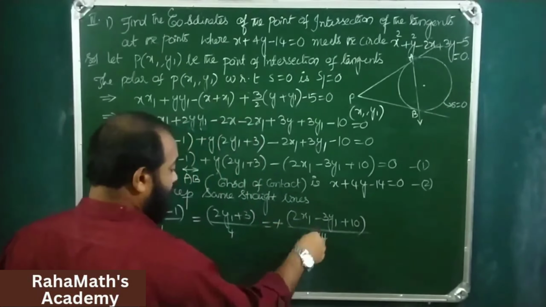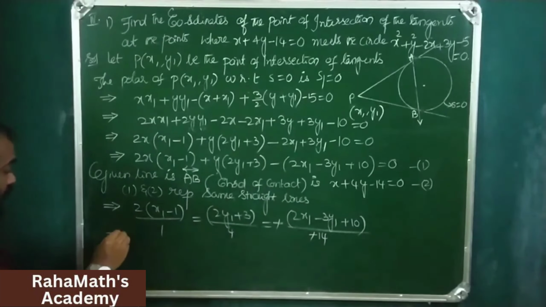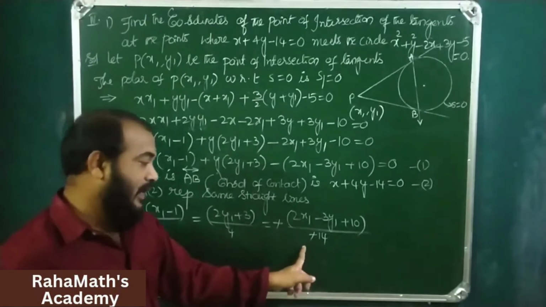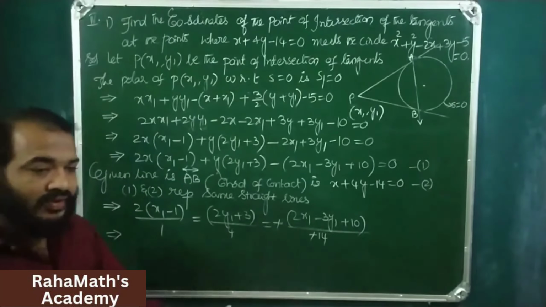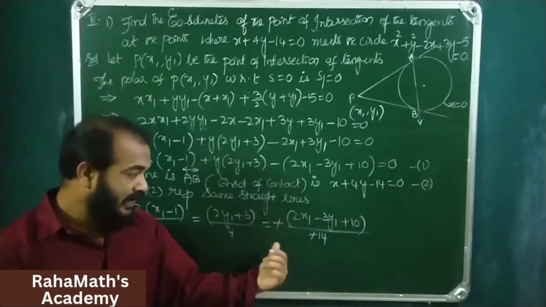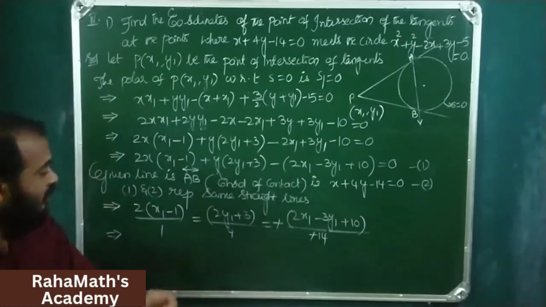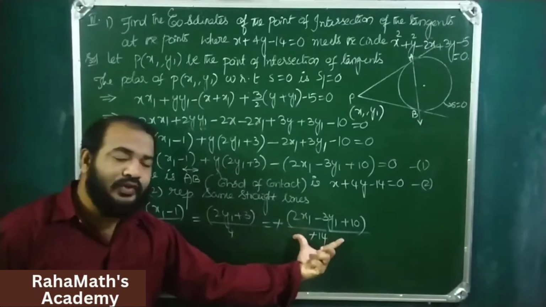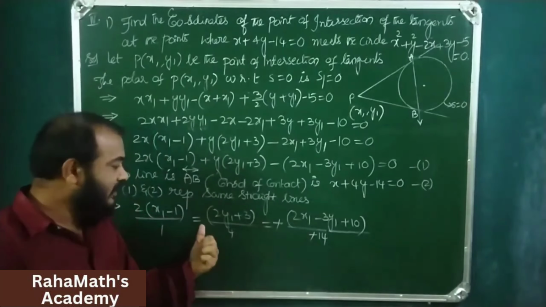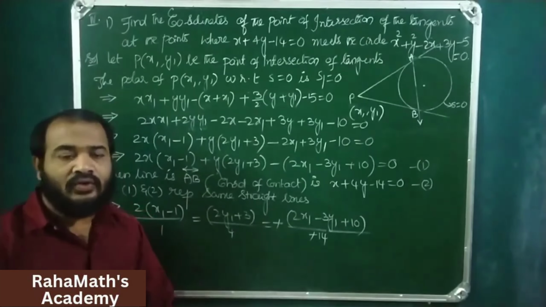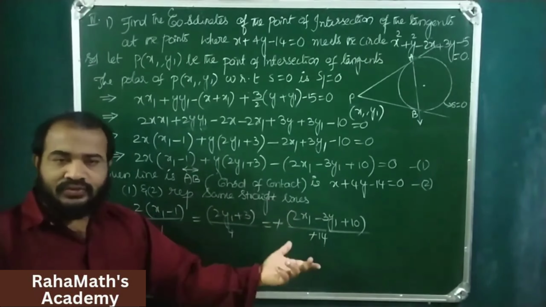So minus minus gets cancelled. So first and last you compare, then we will be getting one equation in terms of x1, y1 and constant equals to 0. Similarly, second and last if you compare, then again x1, y1, constant is equal to 0 we are getting.